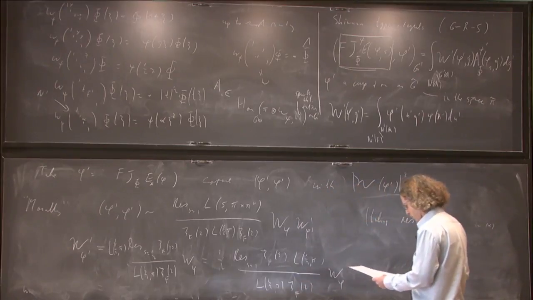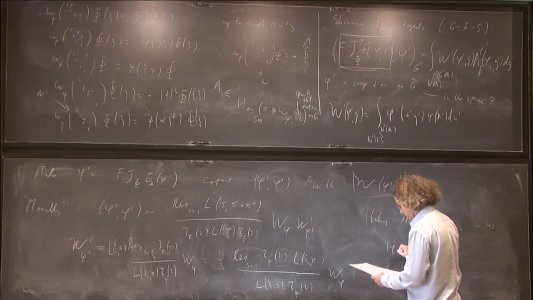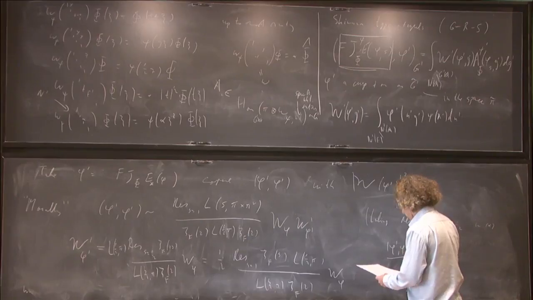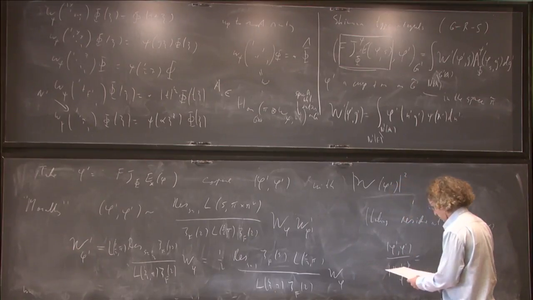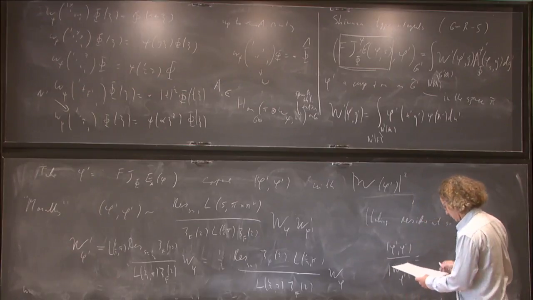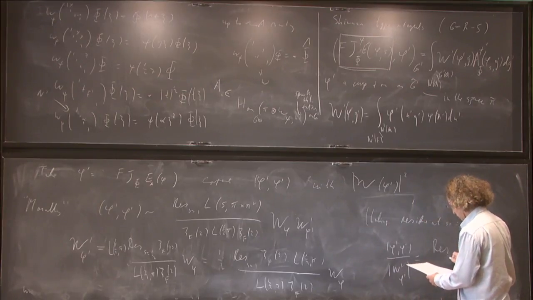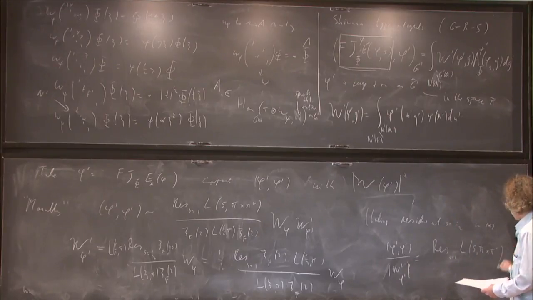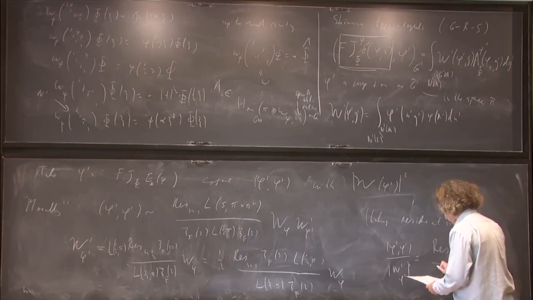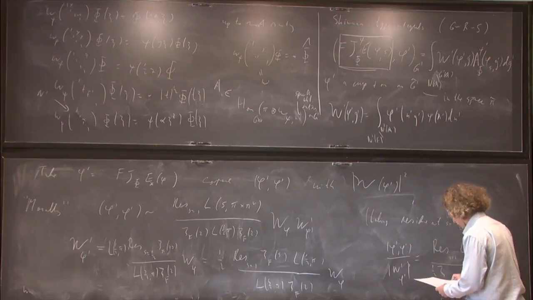Fine. So what I want to say is that in the quotient, one of the factors cancels, and then you just end up with a residue of the Rankin-Selberg, and then there's 1/2 here.